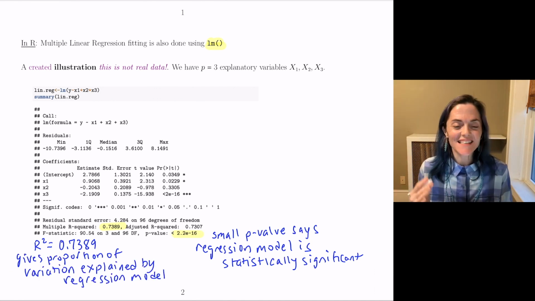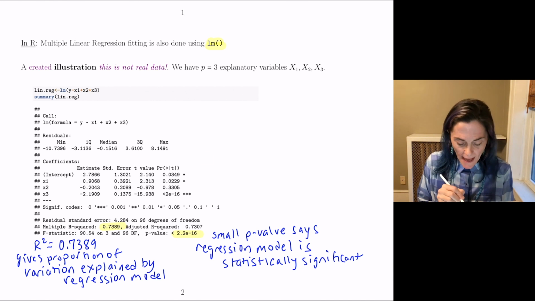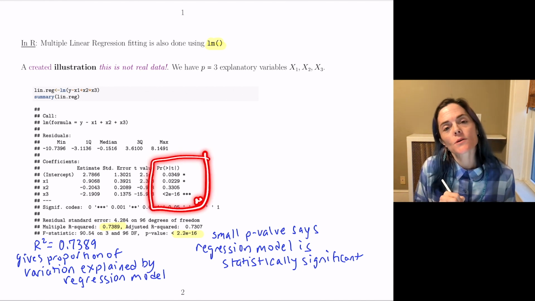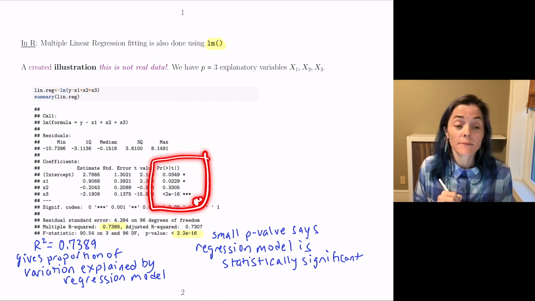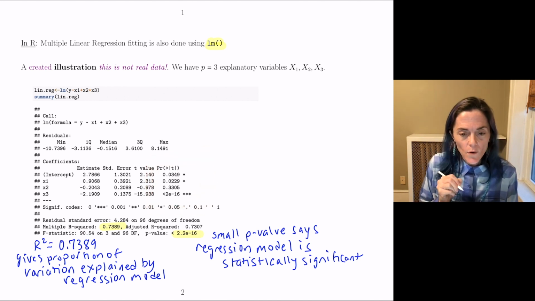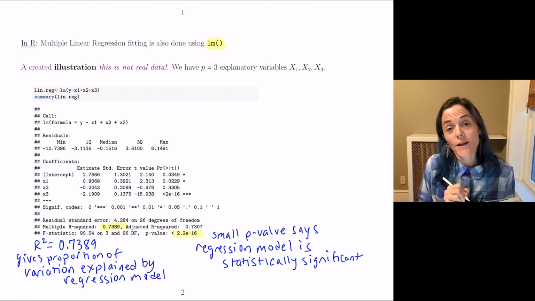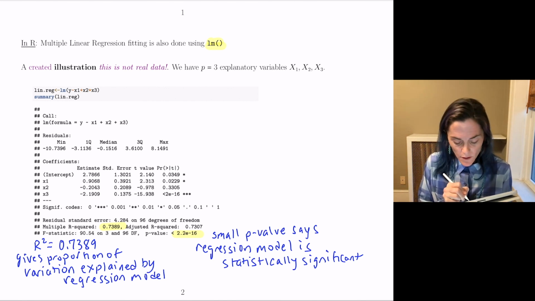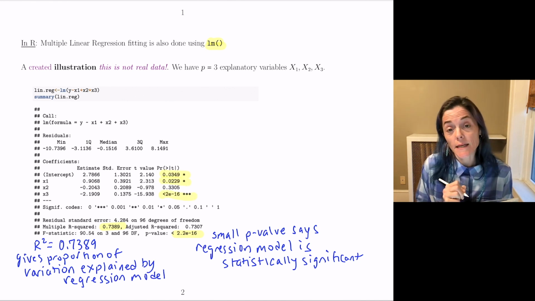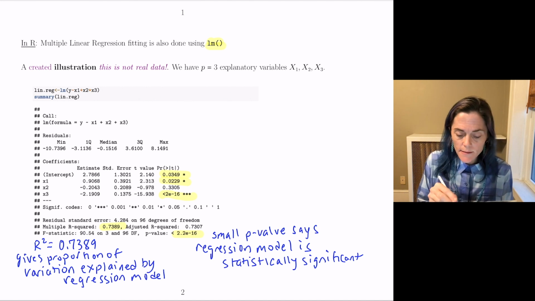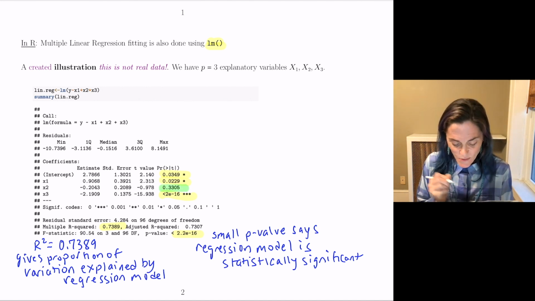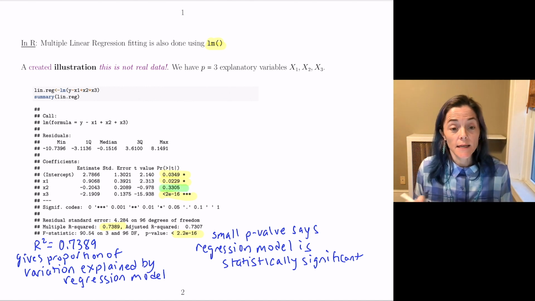Okay, what else do we see? Well, here we have these p-values corresponding to the individual t-tests for the different coefficients. So you notice, at least at the alpha 0.05 significance level, this one, this one, this one are statistically significant, whereas this one is not statistically significant.